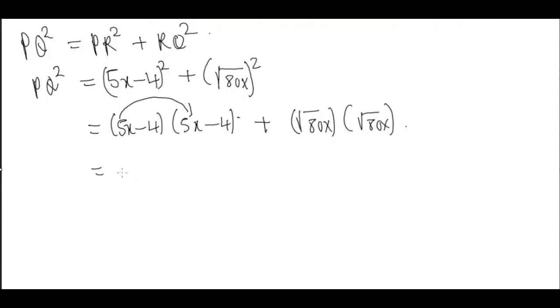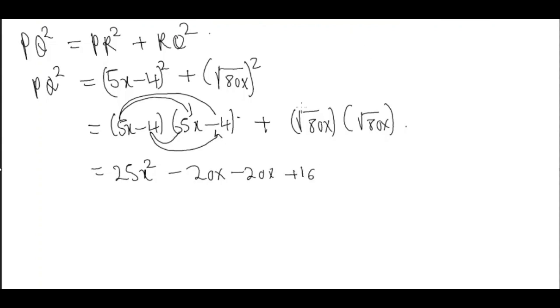So 5x times 5x is equal to 25x squared. And 5x times negative 4 is minus 20x. Negative 4 times positive 5x is minus 20x as well. So negative 4 times negative 4 is plus 16.